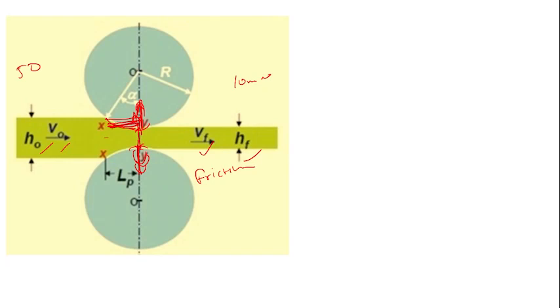Your sheet will be like that in 3D, right? So you have to take this much area, because only this much area is touching your roller. This much area will try to separate your rolls. So this area you have to take while calculating the roll separating force.